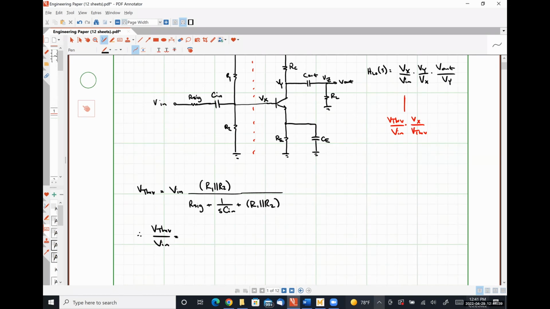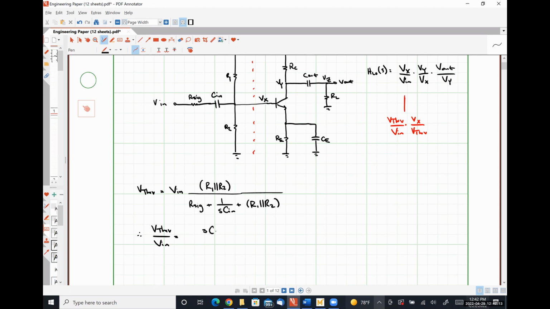Let me make sure where I have this written down very specifically. Looks like I don't have it written down here. It's written down on my board upstairs. That'll be okay. We'll solve it out real quick. It's missing a Cn on top. That should be SCn R1 in parallel with R2 over 1 plus, yeah.